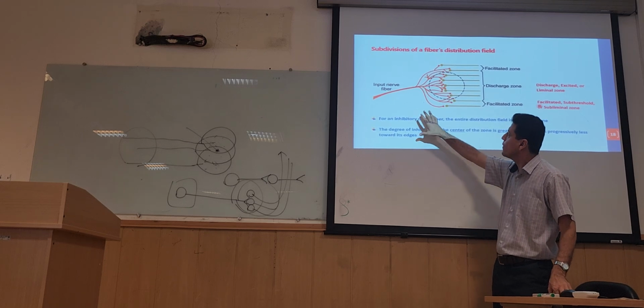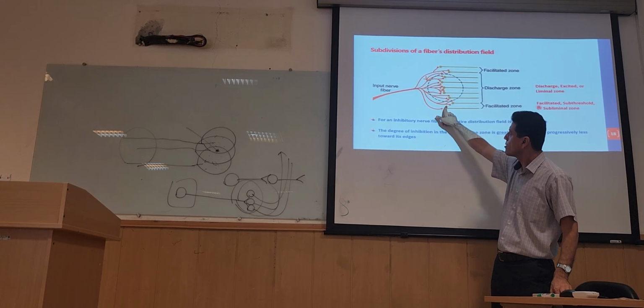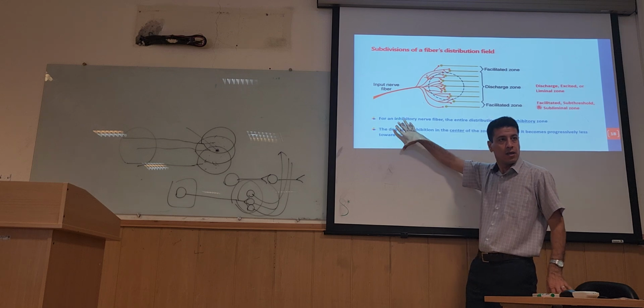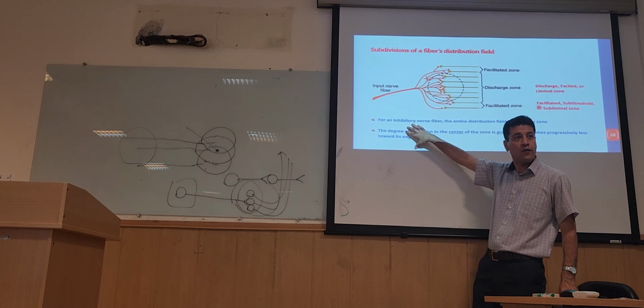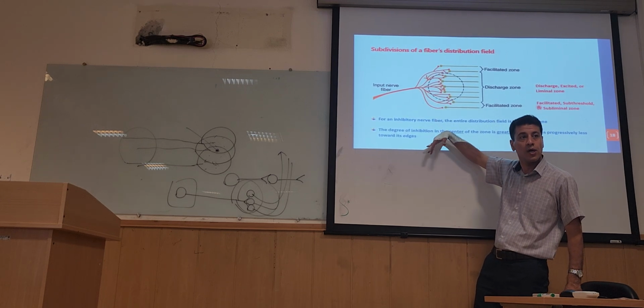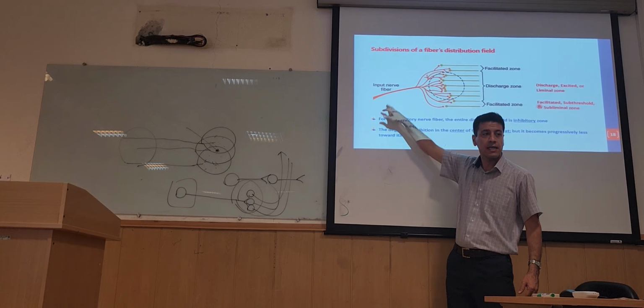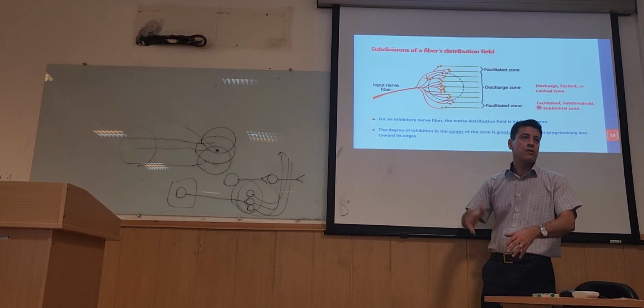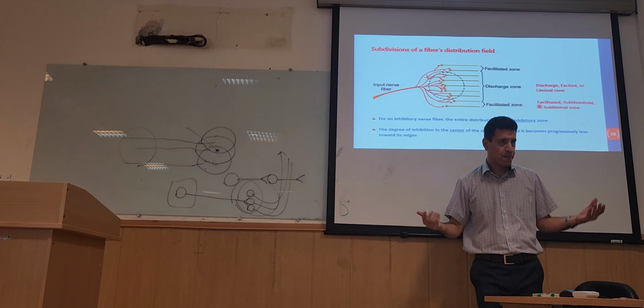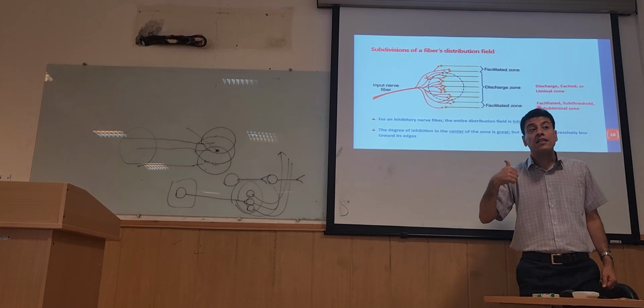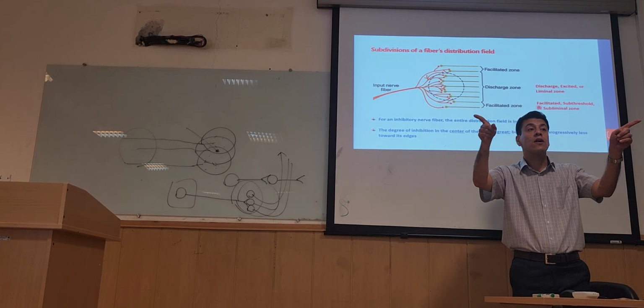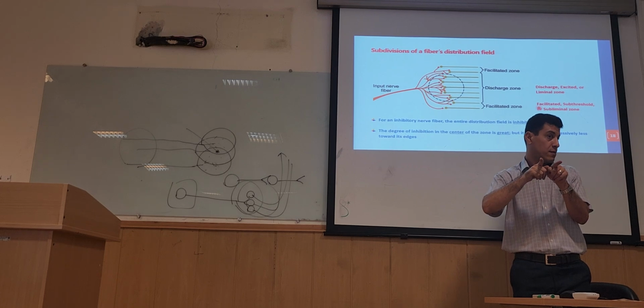Yeah, so we can consider that the facilitated zone of this neuron has some overlap with the facilitated zone of a second neuron. So when both of them are activated, the overlapping neuron is activated. But for activation, it needs stimulation from two sources. Yeah, two sources.